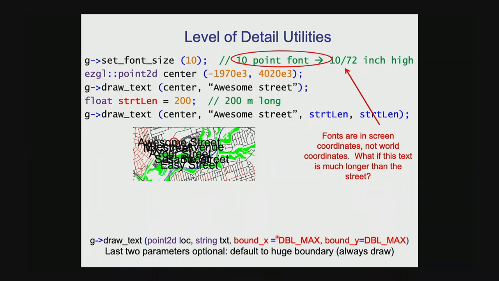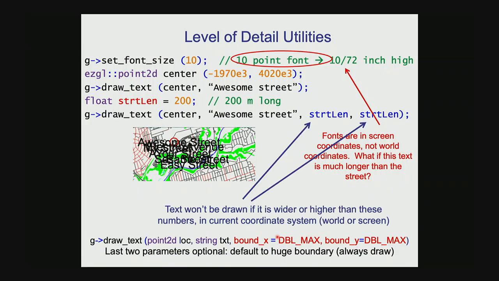If that number of pixels is bigger than what we currently have, then it won't draw it. When you zoom in a little bit, that coordinate gets bigger in terms of pixels, and now it's able to draw it. Okay, so the text won't be drawn if it's wider or higher than these numbers in the current coordinate system, whether it's world or screen.